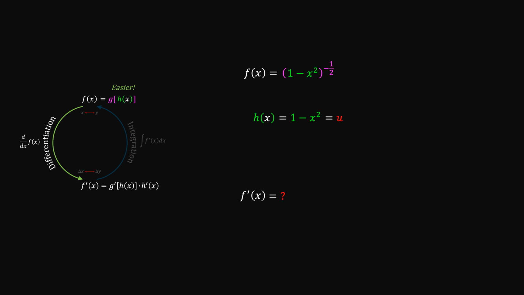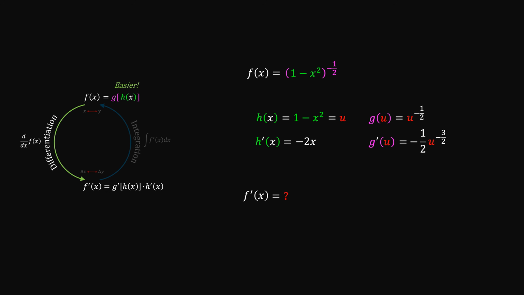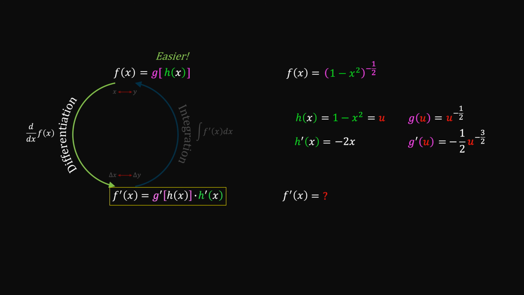And this is the outer layer. It's relatively easy to get a derivative for these two simpler operations. Then, according to the chain rule, its derivative is the product of the derivatives of each layer. Then replace u with the inner layer function. This is the final result.